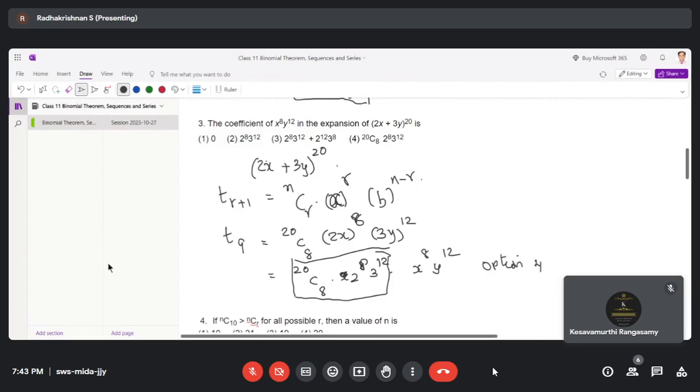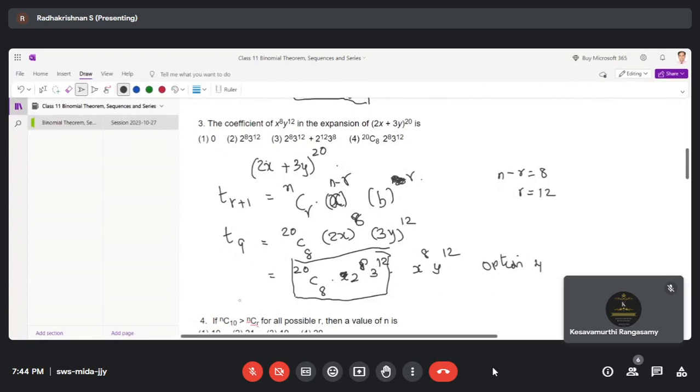Actually, see, the general rule is T r plus 1 is nCr x to the power of n minus r and y to the power of r. So this is the way we normally write. But the result will be the same. In this case, you need x power to be 8, so n minus r should be 8. So that means r is equal to 12, because r equals n minus 8, which is 12.